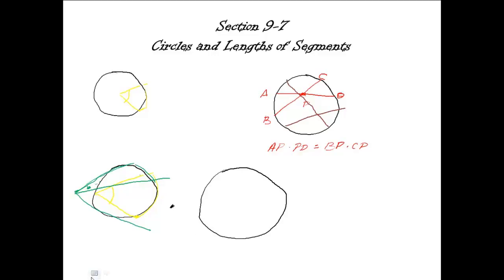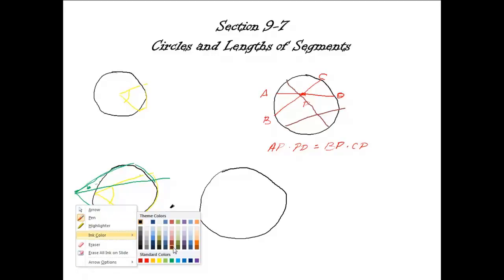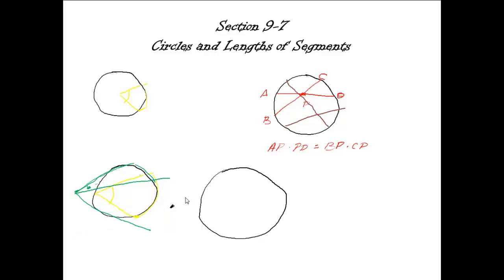So let's say that we had a point completely outside of the circle, and we wanted to make lines to the circle using this. So this particular theorem says, let's not have two tangents, let's have two secants. So let's draw these two secants, just like that.